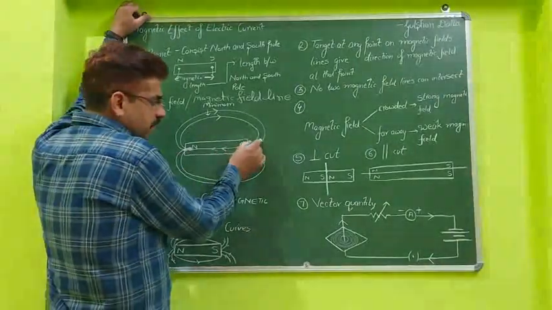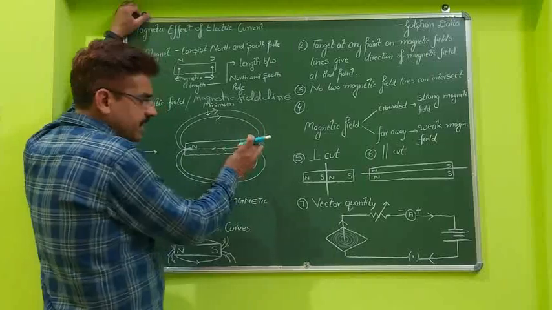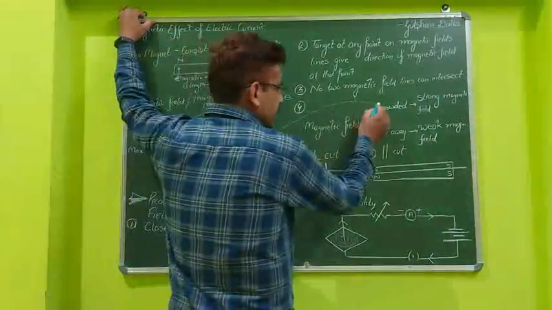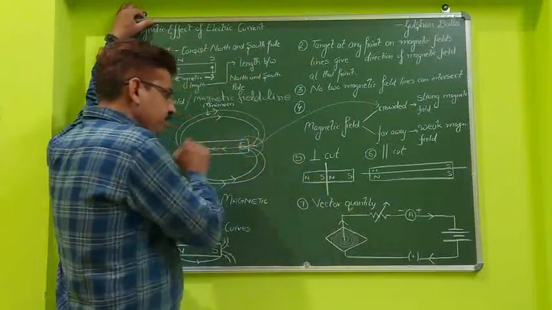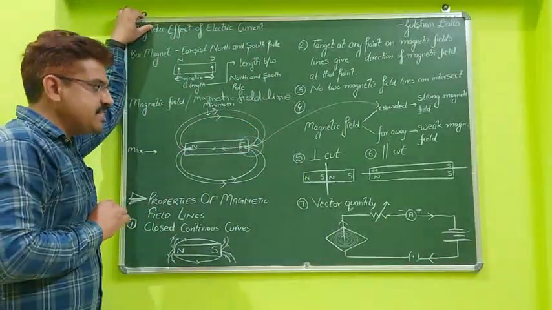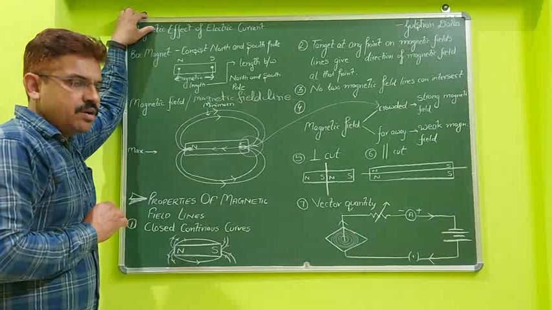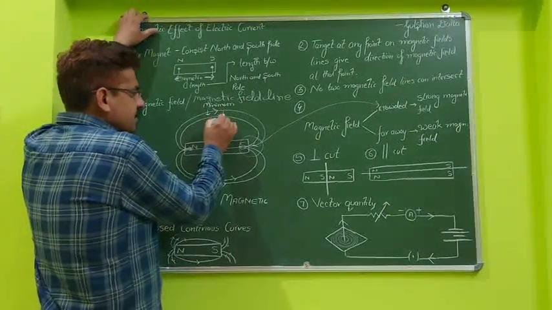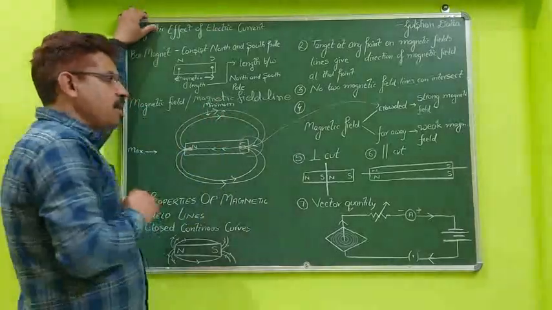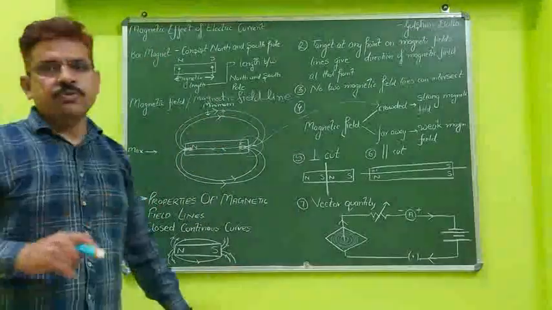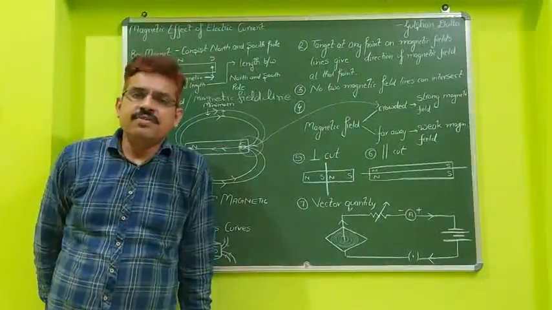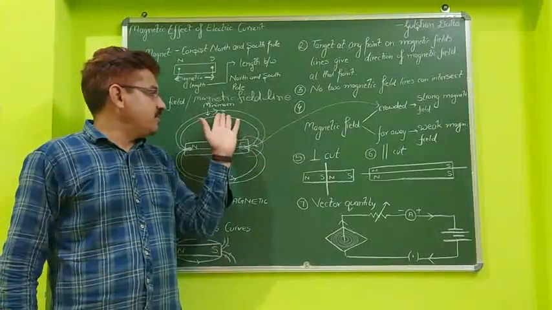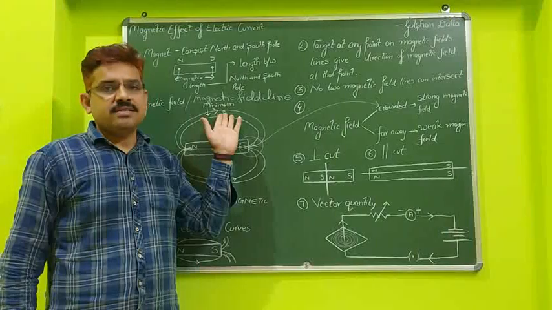If we see this part here, the magnetic field lines are crowded. If the magnetic field lines are crowding, it means that the field strength will be more. And in this part, the magnetic field lines are far apart from each other, so we can say that the magnetic field strength is less.